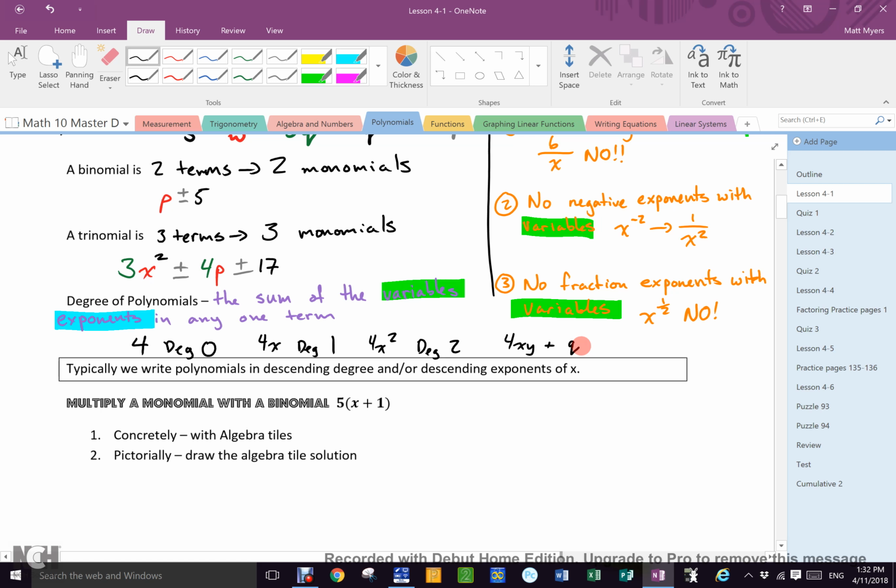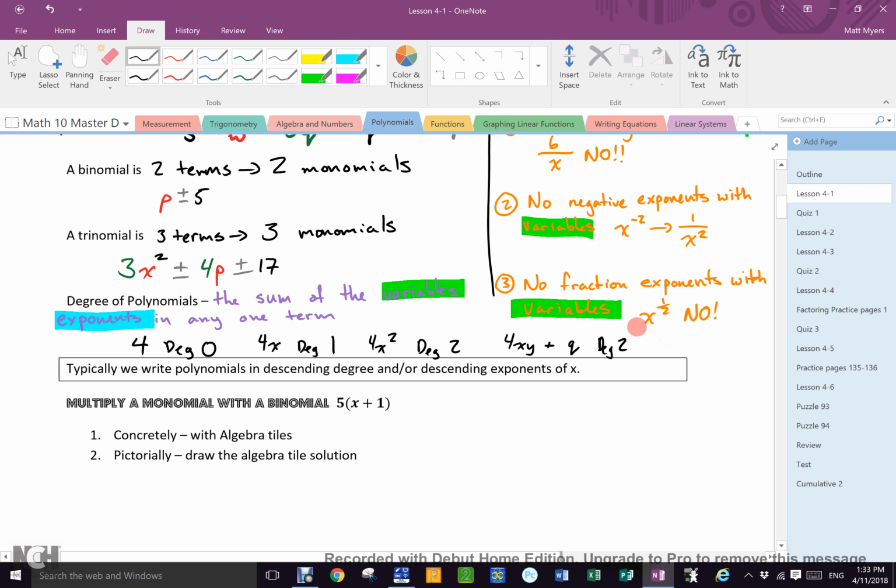Read the definition again. 1 and 1, which is 2. That is degree 2, because 1 and 1, it's in any one term.